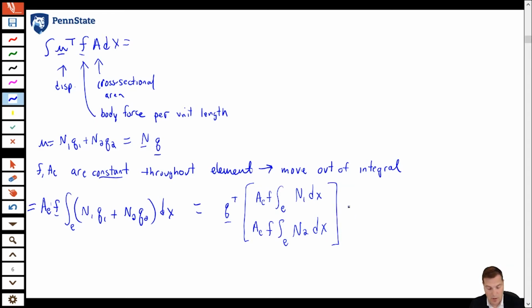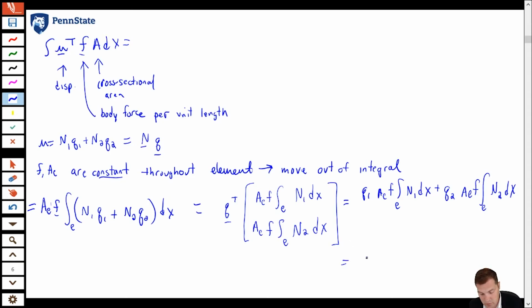Okay. So that we can multiply through, so it'd be q1 a sub e f integral over e n1 dx plus q2 a sub e f, the integral over the element n2 dx, which we can further rearrange, and that's equal to a e f integral over e, the quantity n1 q1 dx plus n2 q2 dx.